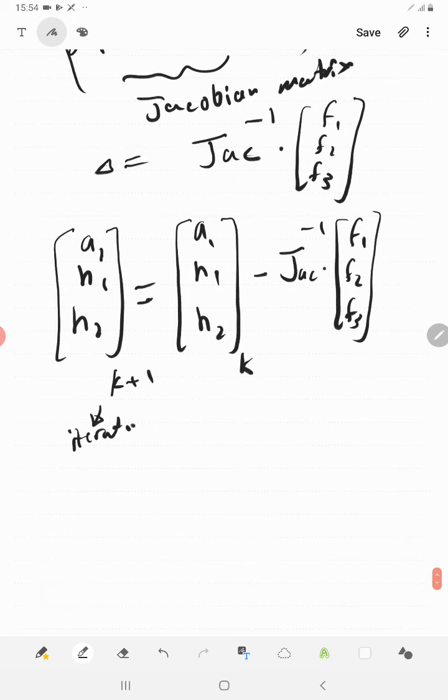Most important here is that F and the Jacobian are evaluated at k.